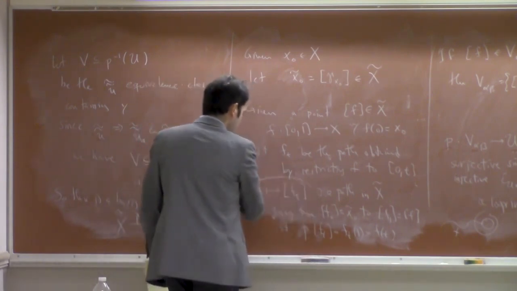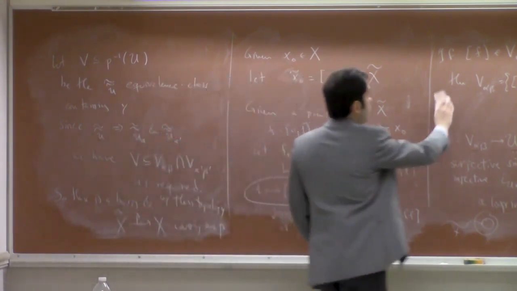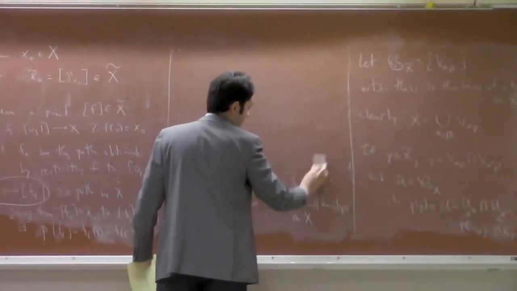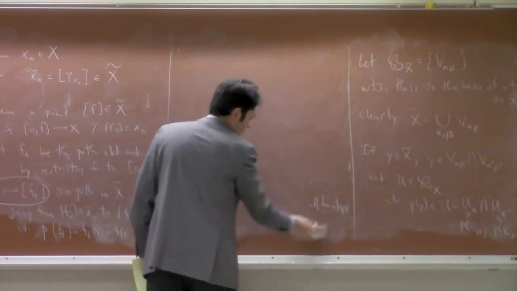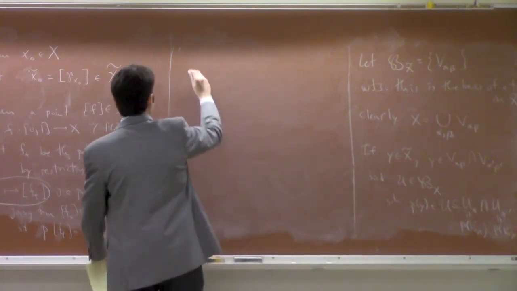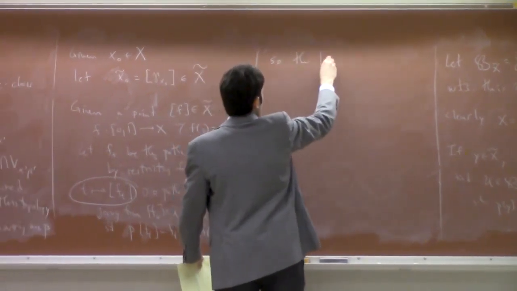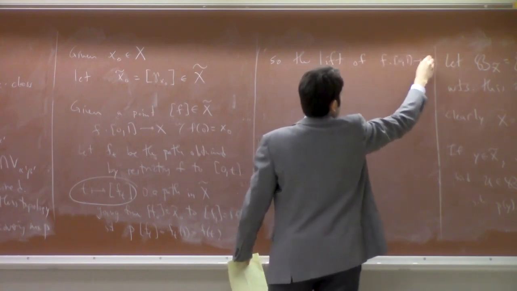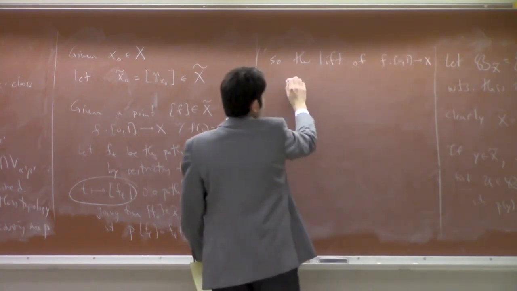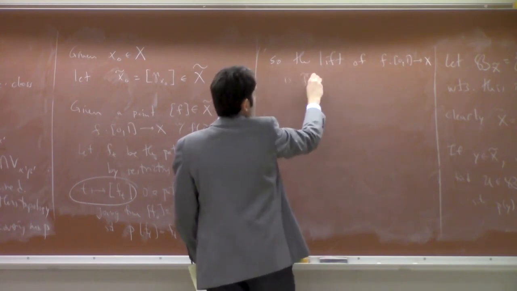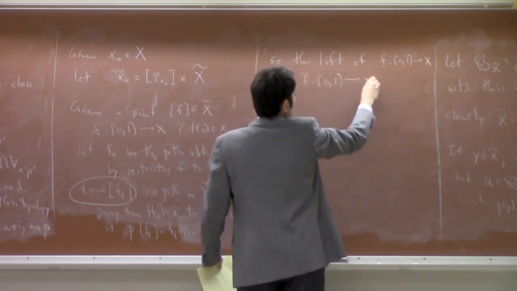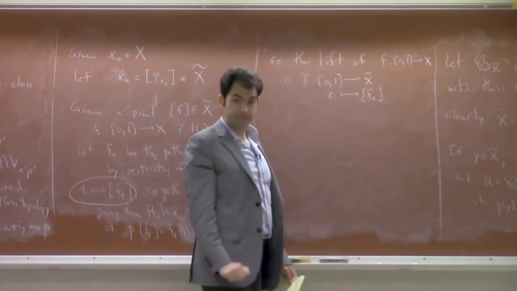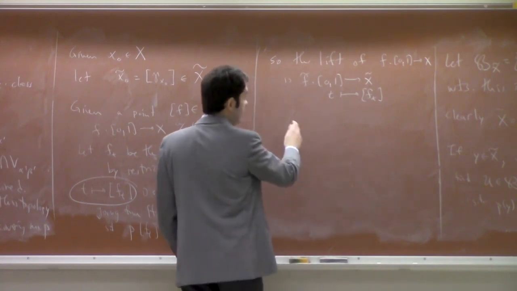So this is the lift of the path f. So the lift of f is f tilde from [0, 1] to X tilde, t goes to the path homotopy class f_t. Okay, so that's how you lift the path.